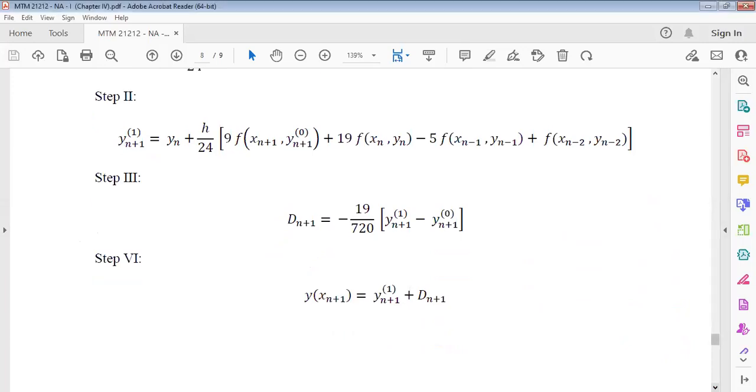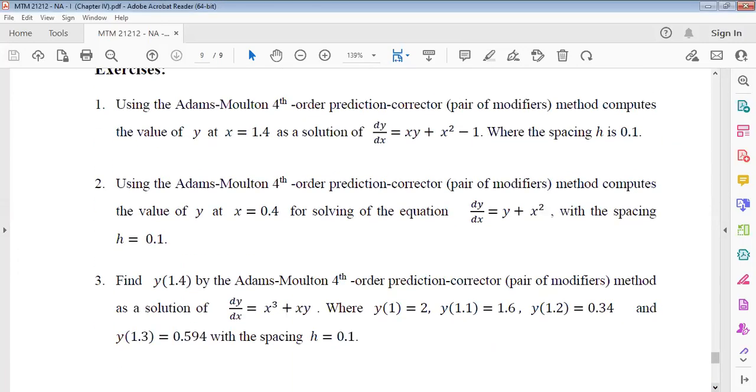Can you write down the question so we can start? The question will come in this way. Using the Adams-Moulton fourth order predictor-corrector, also known as the pair of modifiers method, compute the value of y at x equal to 1.4. So what they're asking for is y of 1.4.